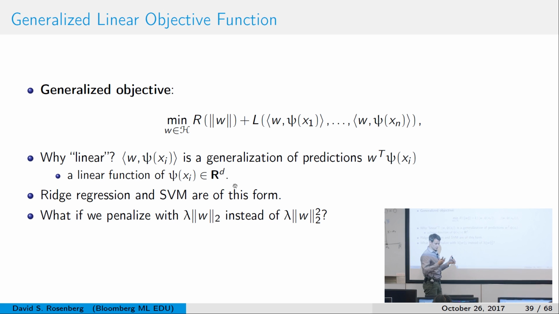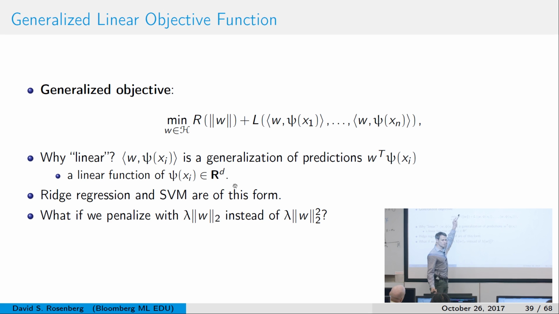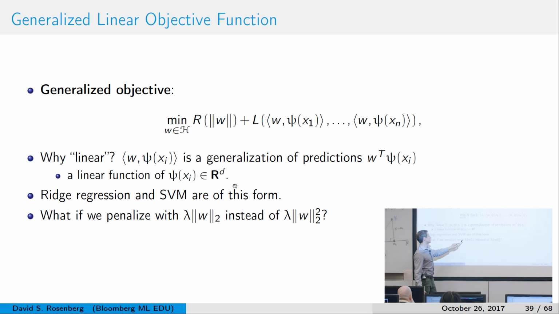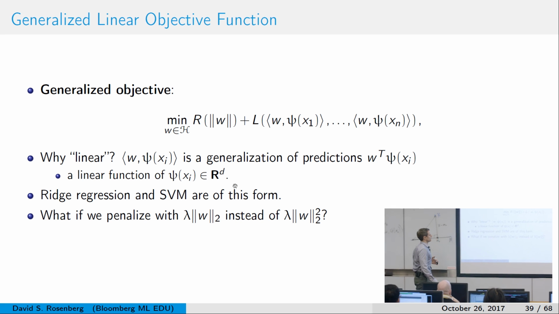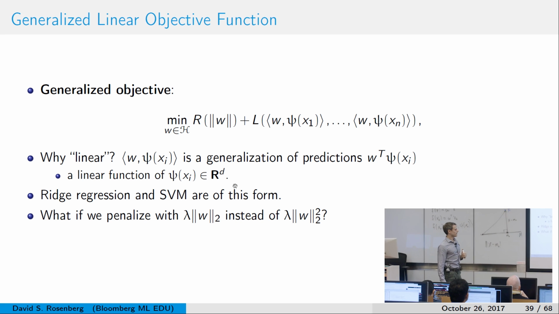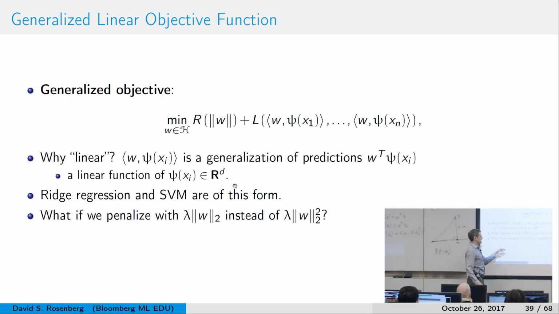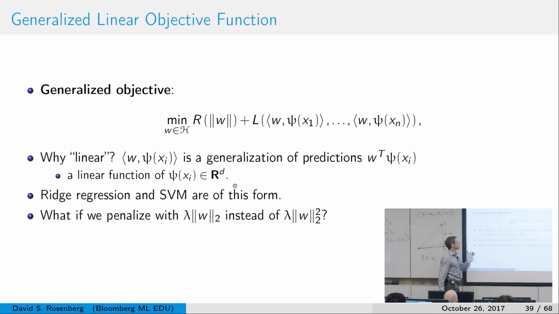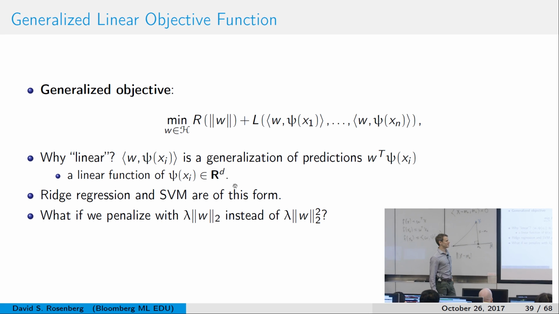So we get an L2 norm, and whereas for the standard ridge regression objective, R would square the norm and maybe divide by 2 or multiply by lambda, you could decide not to square that norm, and it still has that form. R would just be lambda times its argument. So we don't have to use the square on the norm to be of this form. So we have a little more variety than we've had so far.